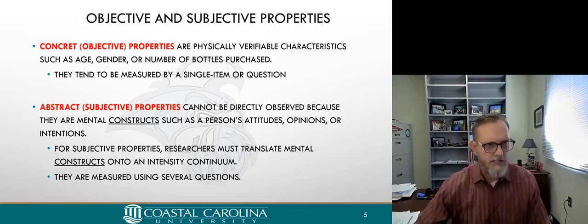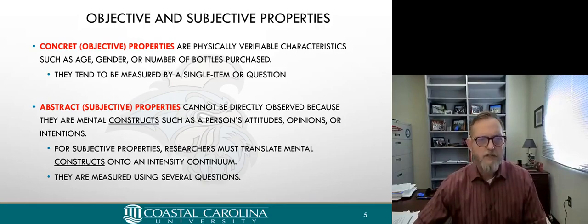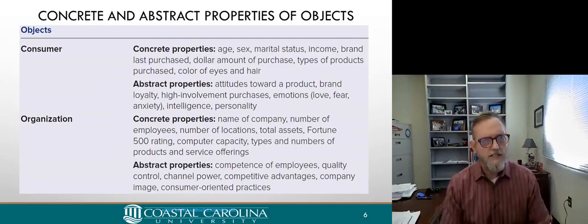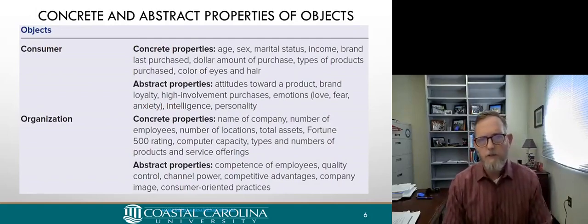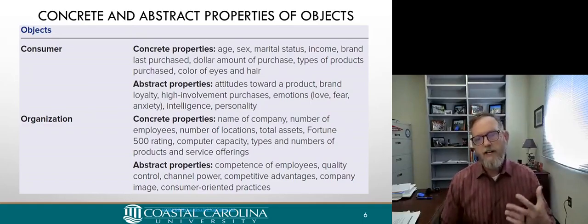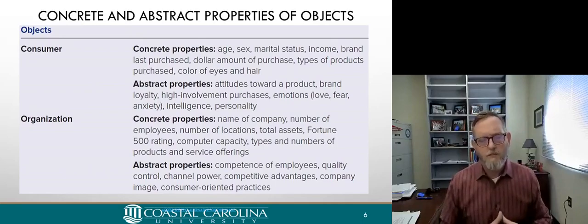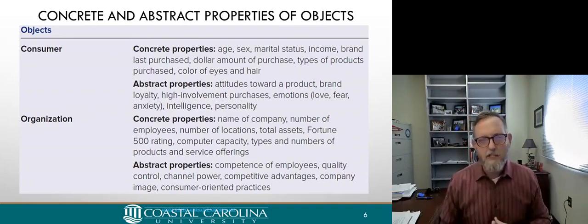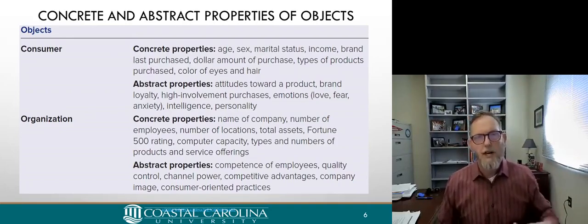To give you some examples of concrete versus abstract properties, think of these. From a consumer standpoint, we have concrete properties like age, sex, marital status, income, brand last purchased, and so on. Those are properties that are verifiable and countable, and they're generally pretty easy to answer.